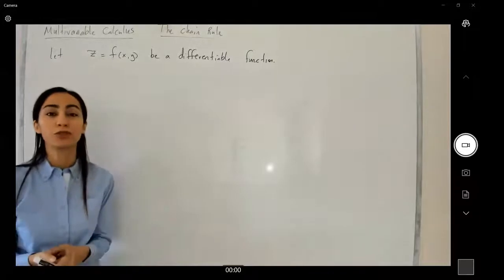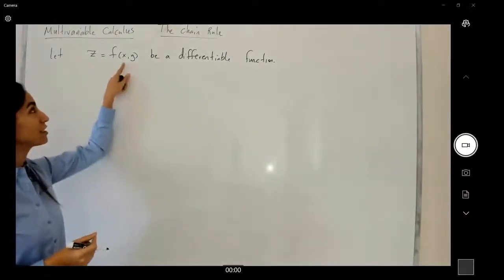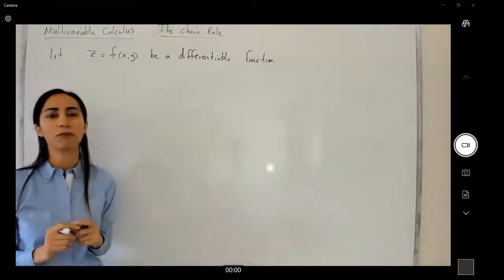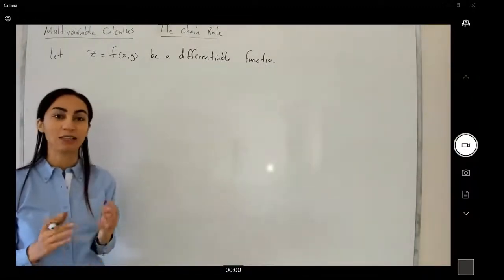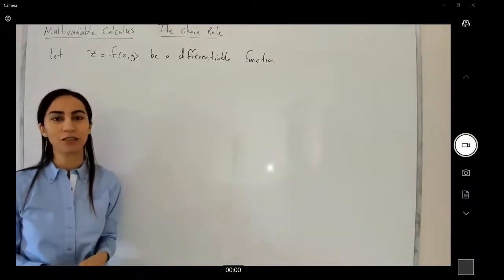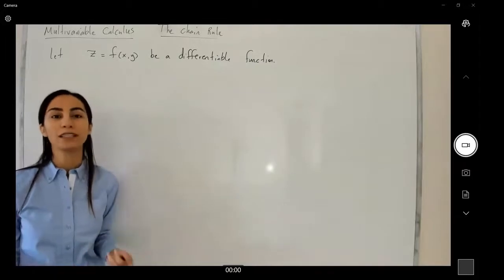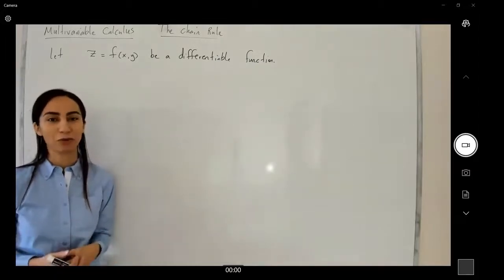I'm going to introduce a new variable like t such that x and y, both of them, are dependent on that new independent variable t. You can assume t to be, for example, time or any other variable.